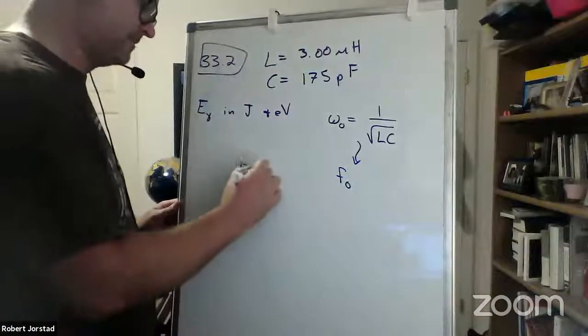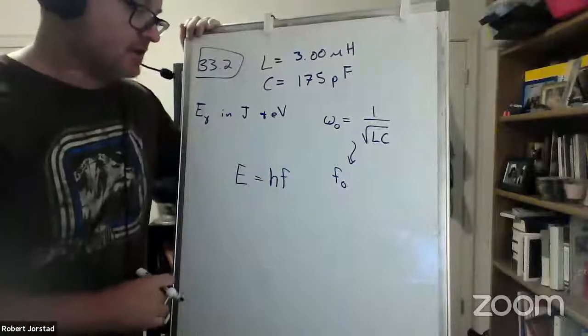You could use the equation to find omega using 1 over square root LC, and then convert that to linear frequency. And then what? And then you could use that in the equation to find the energy by just saying E equals Planck's constant times the frequency. Perfect. That's a good way to do it.